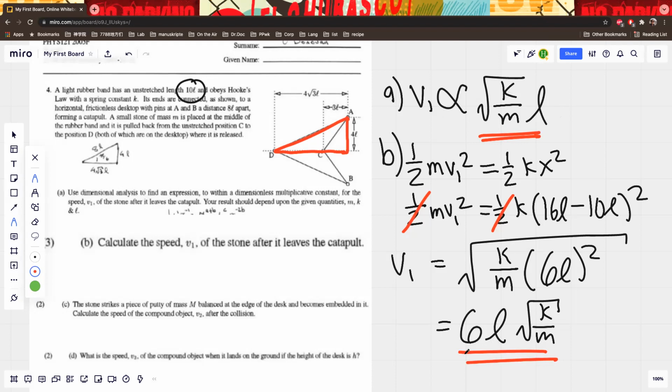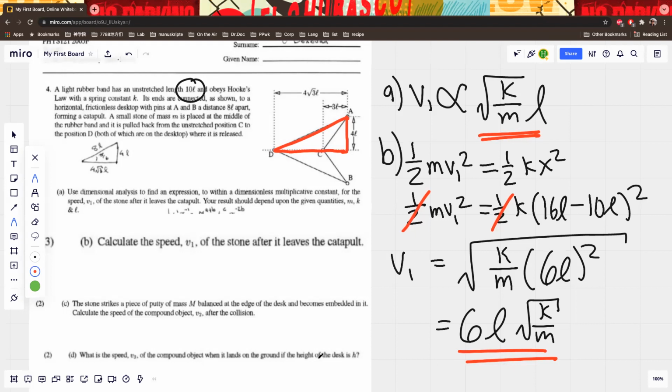All right. So that means that the dimensional analysis procedure actually worked. We got the correct formula for the dependence of V1 on K, M, and L. Now we actually calculated it using conservation of energy, and we got the same thing. So okay, that's good.